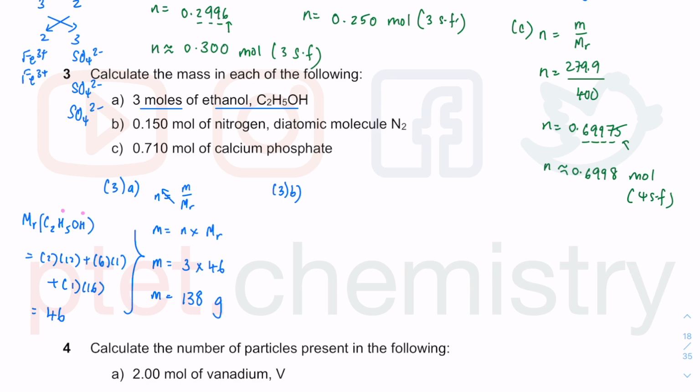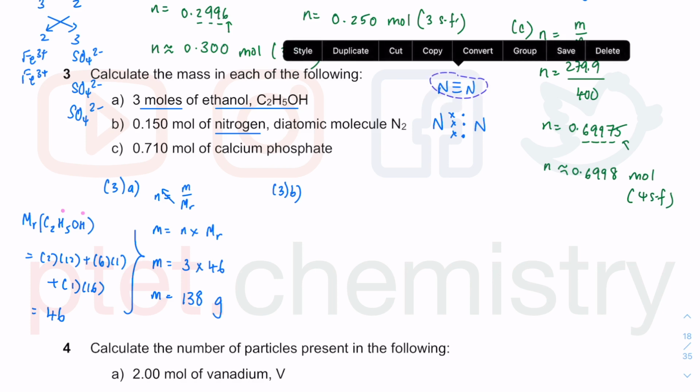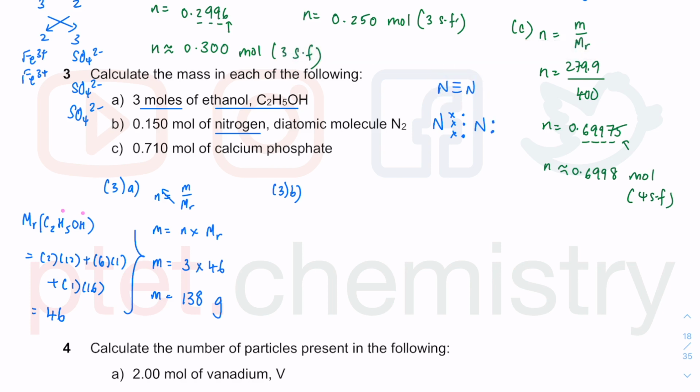Okay, so now the next bit is nitrogen. If a question does not mention nitrogen atom, it simply means it must be nitrogen molecule. So it has to be this diatomic triple bond nitrogen, which you know about from dot and cross showing all your outer shell electrons. Each nitrogen atom has 5 outer shell electrons.